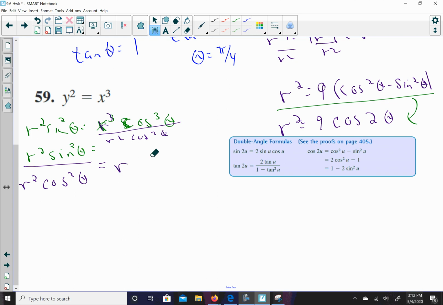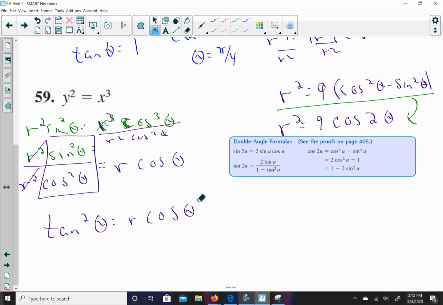Cosine cubed divided by cosine squared will just be cosine theta. And the reason why I did this is because here the r squareds will equal 1, and then sine squared over cosine squared is tangent squared.